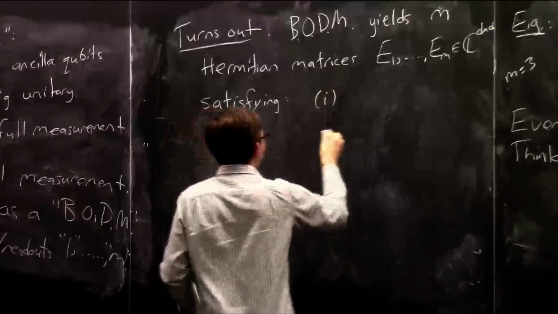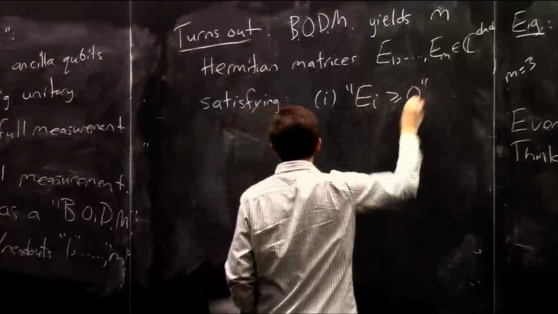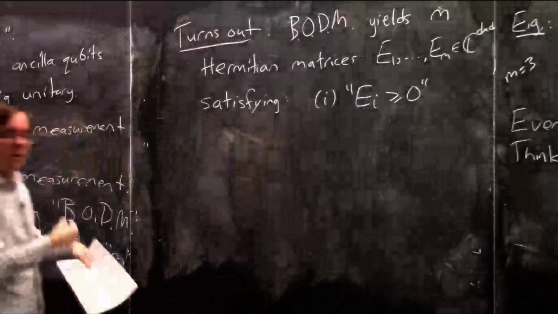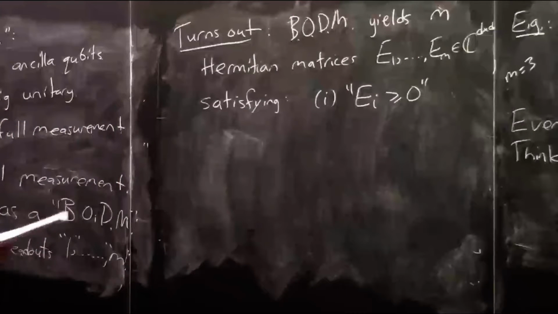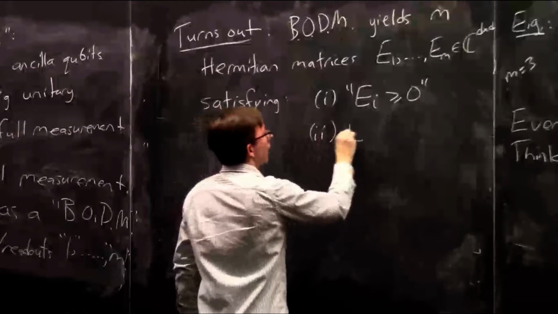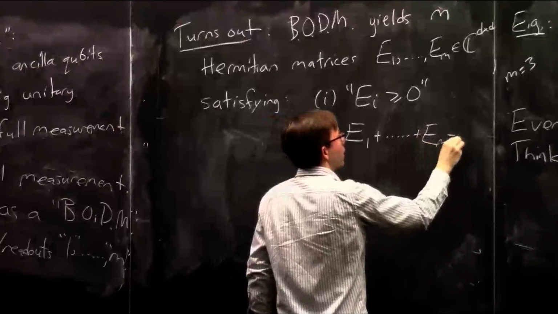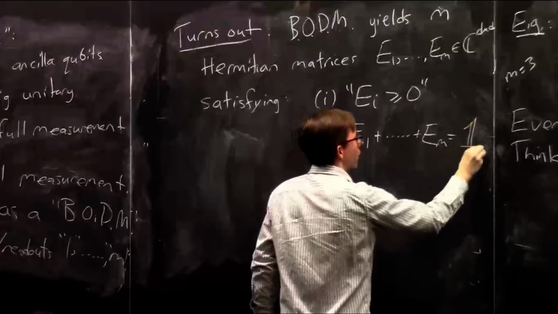Property 1 is that they're non-negative as matrices. They're positive. Remember, this is the positive semi-definiteness condition. And, well, you may guess it: E1 plus dot dot dot plus EM is the identity matrix.